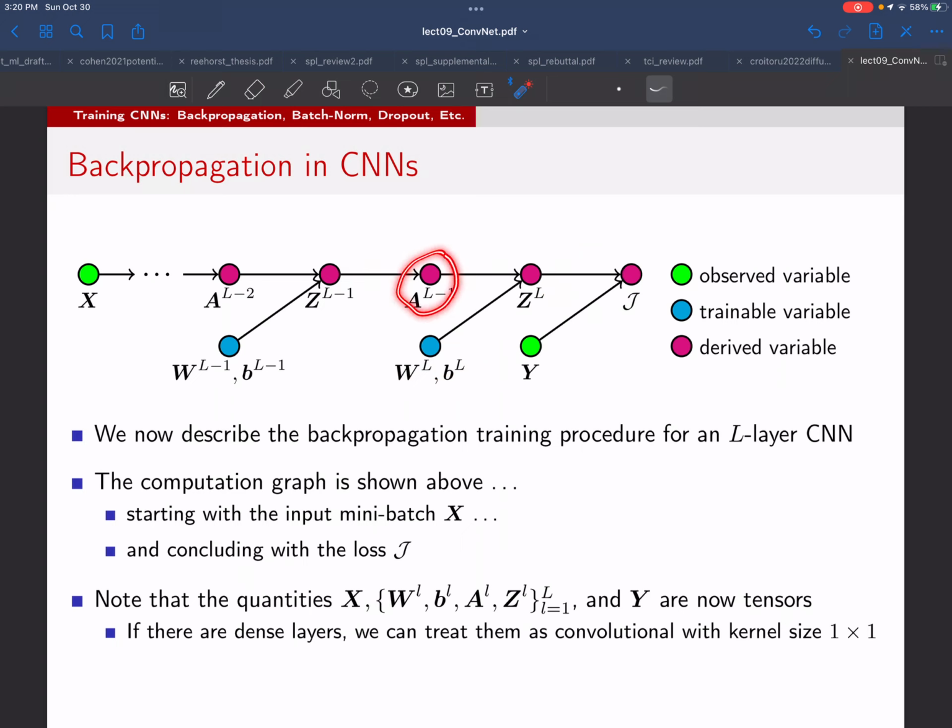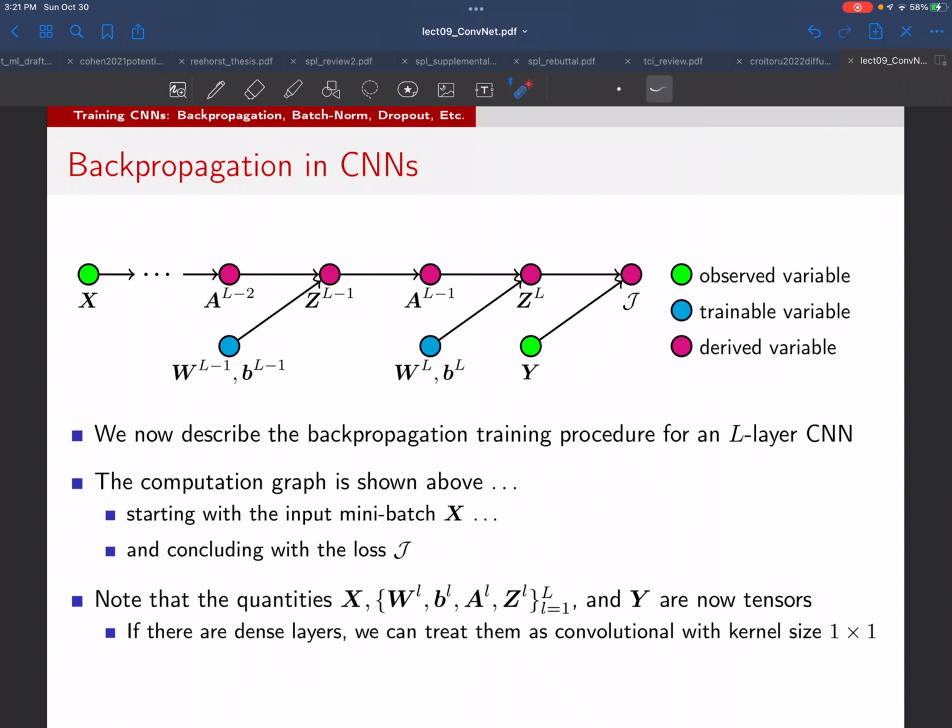You have activations from the previous layer coming together with weights and biases. In this case, these are convolutional weights, a convolutional weight tensor. And the linear layer produces scores. And then these scores go through an activation function, possibly also things like pooling, to get the new activations.